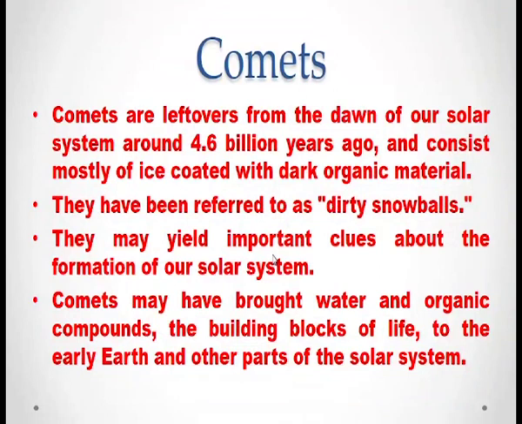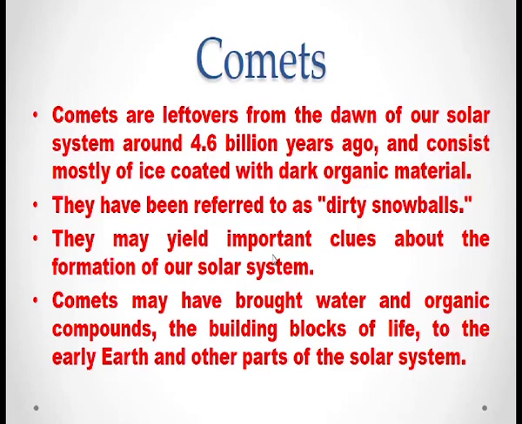Then the next object in our solar system is comets. These comets are very fascinating objects to all of humankind. Comets are nothing but leftovers from the dawn of our solar system, which was born some 4.6 billion years ago, and consist mostly of ice coated with dark organic materials.